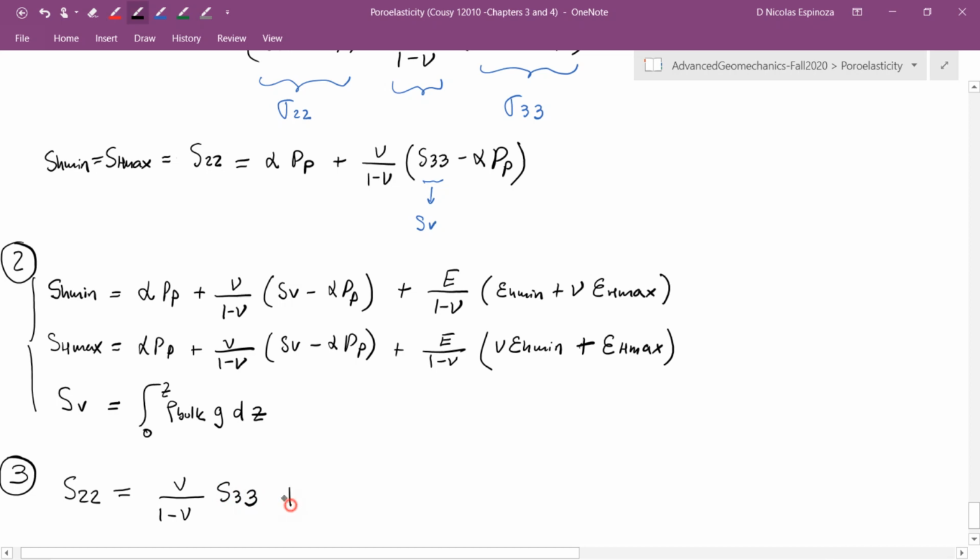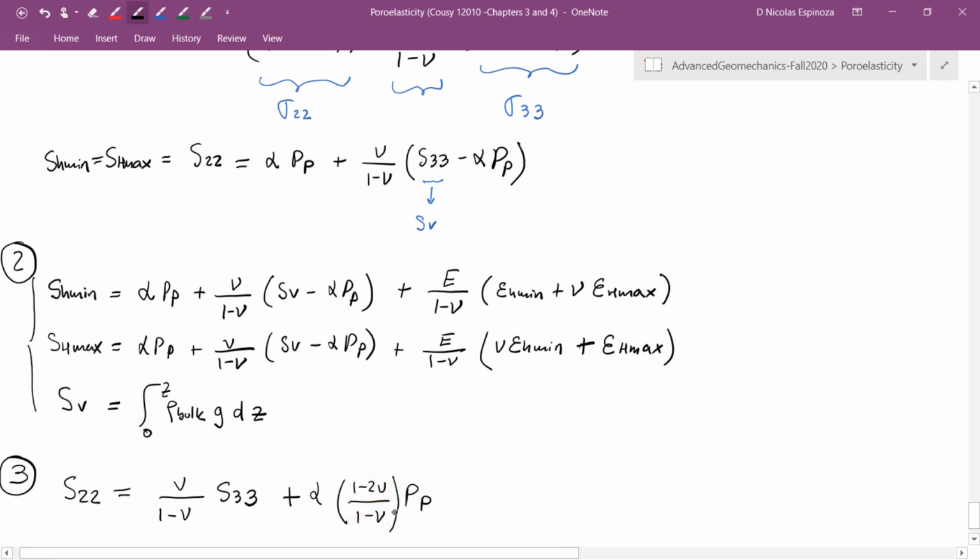And the term with the Biot coefficient and the pore pressure, now notice that the common factor is going to be pore pressure. And after doing a little bit of math, I need to consider also this Poisson ratio. The result is going to be this. Here I'm going to have alpha, and I'm going to have a factor that depends on the Poisson ratio.